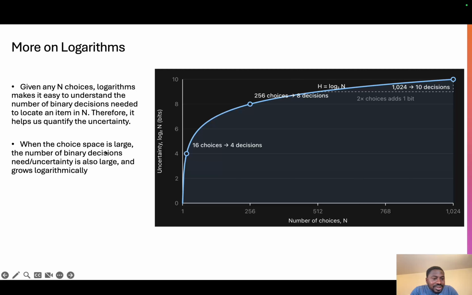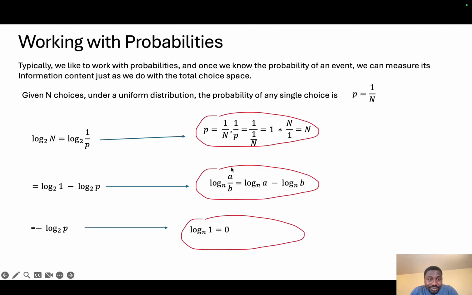So when the choice space is large, information grows logarithmically. It's basically the log of the total number of choices that you have. So this goes up to 0, 2, 4, 6, 8, 10, while the number of choices grows greatly. At 1024, you have just 10 bits.